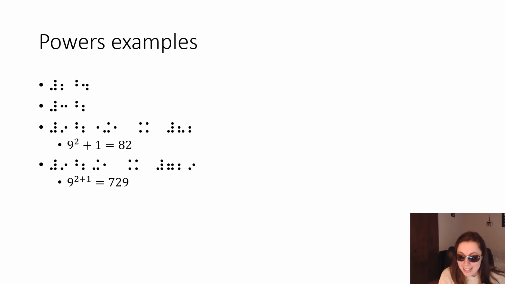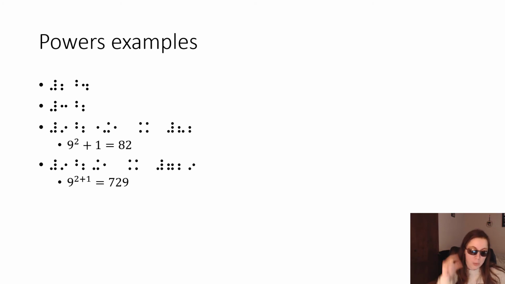Now what happens if I don't put my baseline indicator in? Doesn't work the same. So if I have 9 to the power of 2 plus 1, and I don't put a baseline indicator in there to come back down to baseline before the space, what happens is, look at that print equation, it's 9 to the power of 2 plus 1. That's the same as 9 to the power of 3.